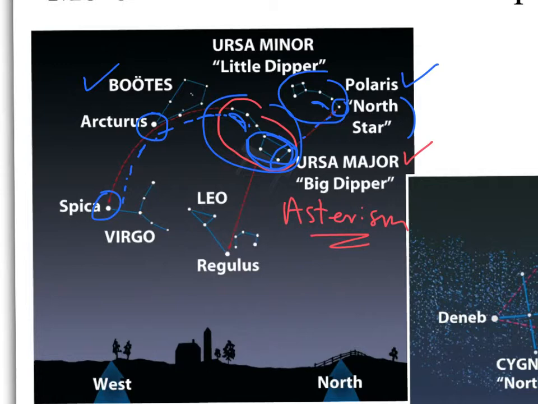Depending on what time of year it is, you can also use the bowl stars that are closest to the handle to drop down and find the star Regulus, which is in the constellation Leo.